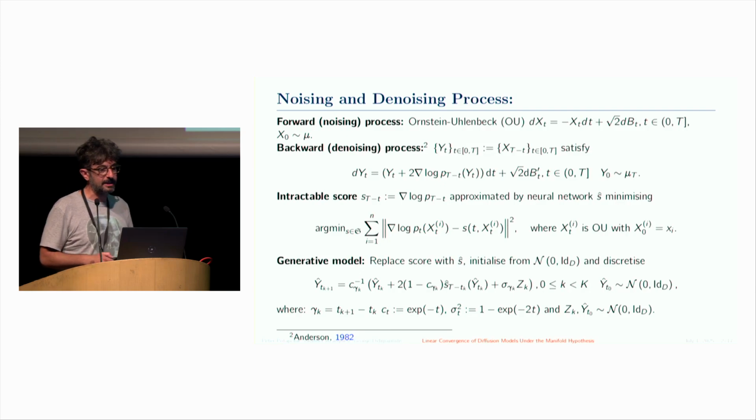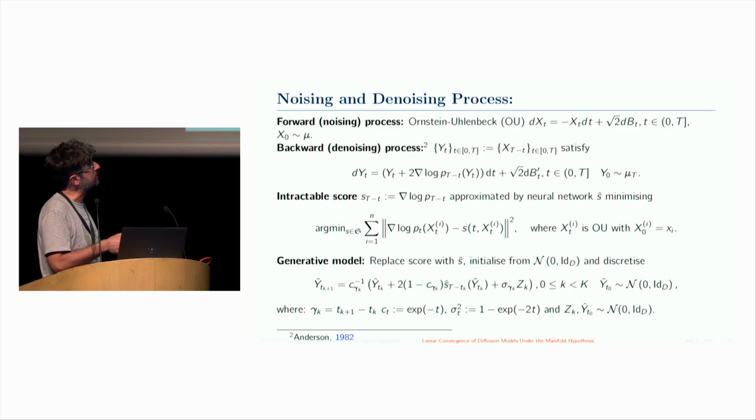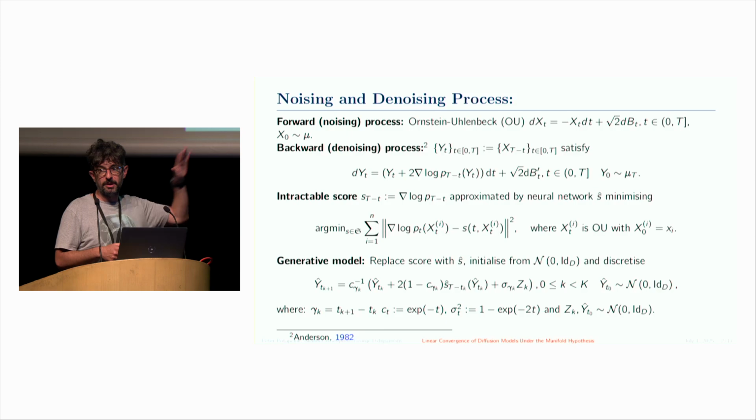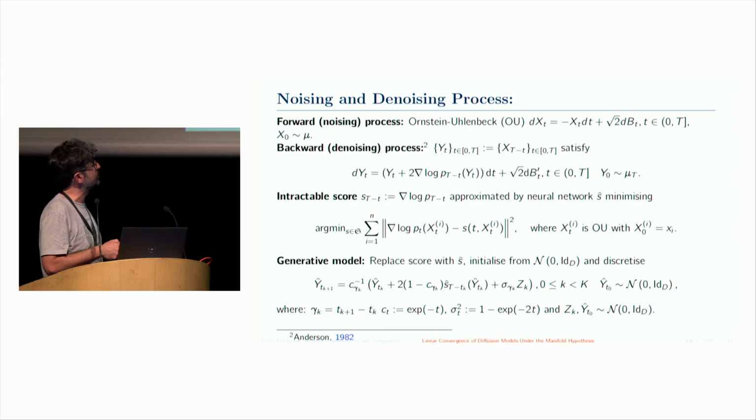And again, we're going to be mainly concerned with the standard score matching objective, which is intractable, but it's a little bit easier to work with. It's equivalent to the denoising score matching objective, but typically in the convergence literature, people just look at the score matching objective.